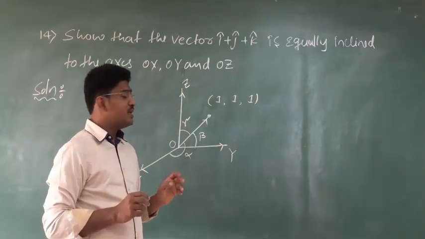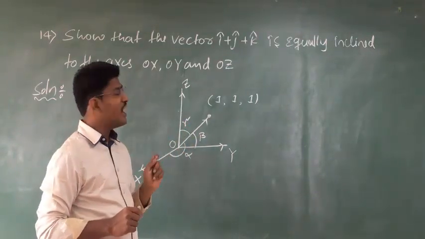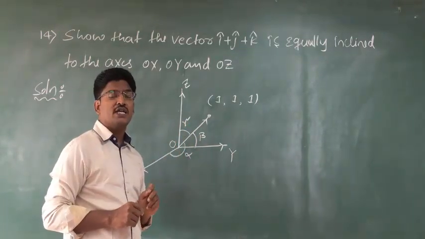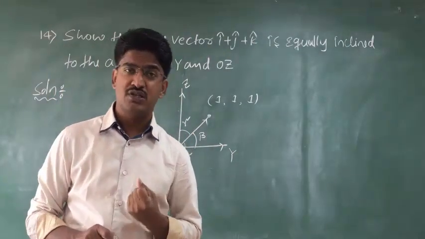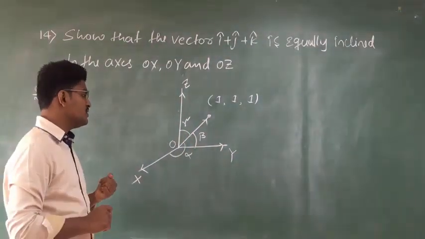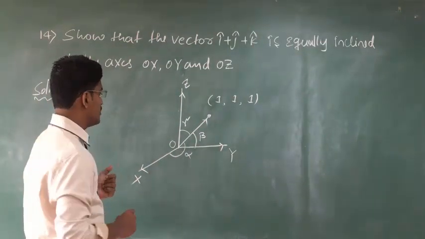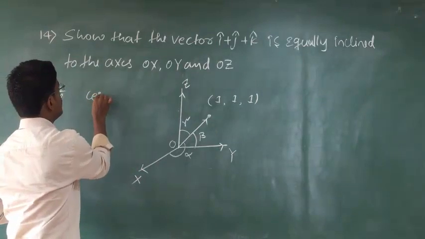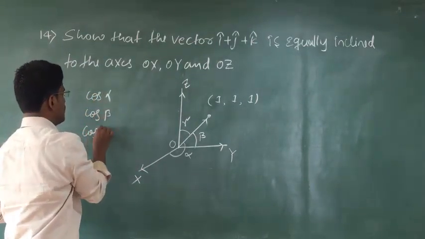Just say that alpha, beta, and gamma are the three angles that can identify the direction of the point. Here we use the trigonometric function cos. So by using cos, we define cos alpha, cos beta, and cos gamma.